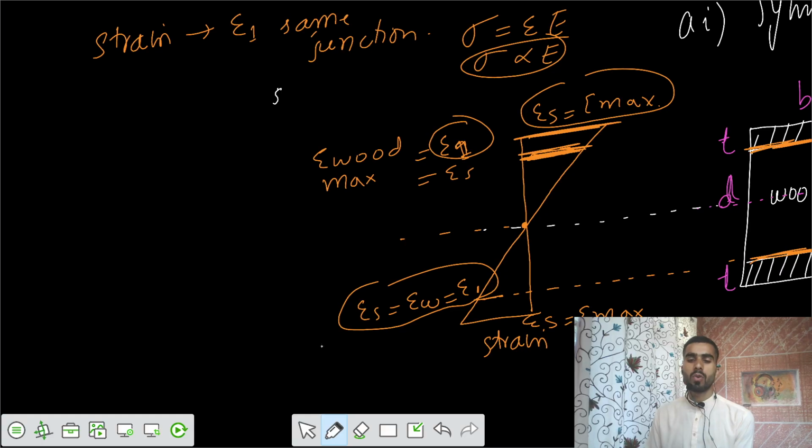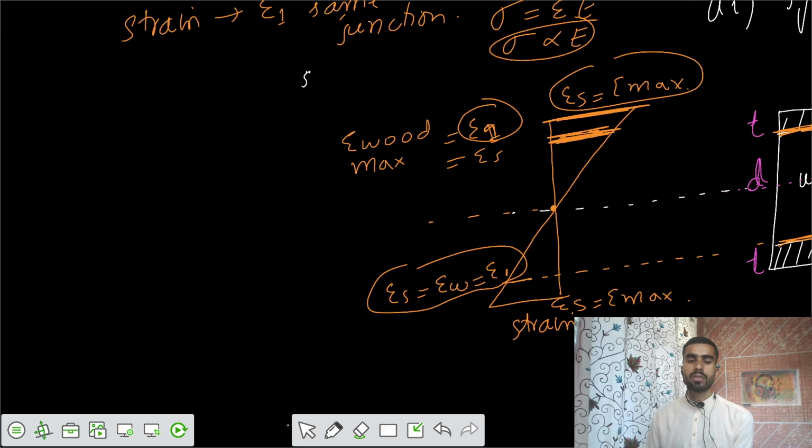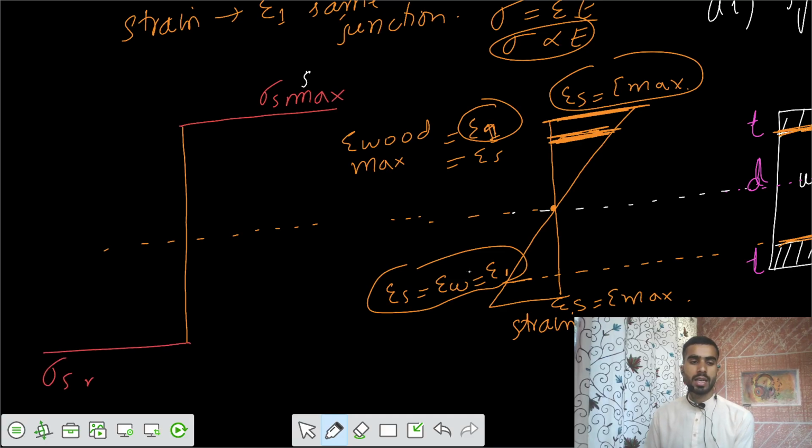If you have more Young's modulus, you have more stress. So if you plot the stress variation, let's say this was the neutral axis, the reference line. Let the stress in the steel be some value, sigma S max.